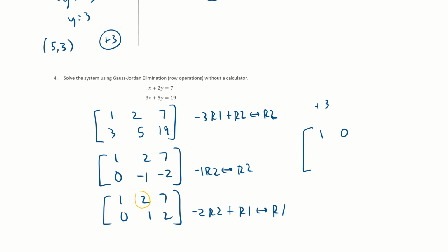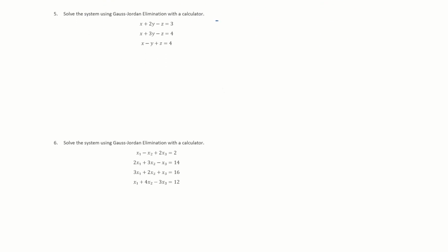Negative 2 times 2 is negative 4 plus 7 is 3. And then 0, 1, 2. So that just tells me that x is 3 and y is 2. All right. Number 5, solve this using a calculator. So it's just a matter of putting this in your calculator.